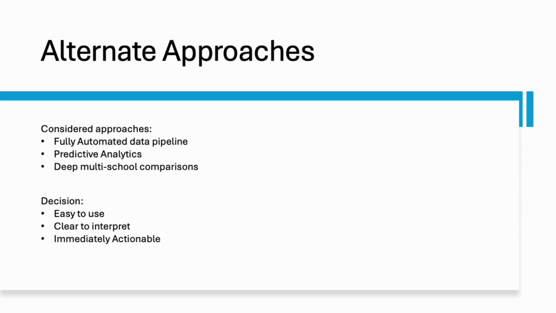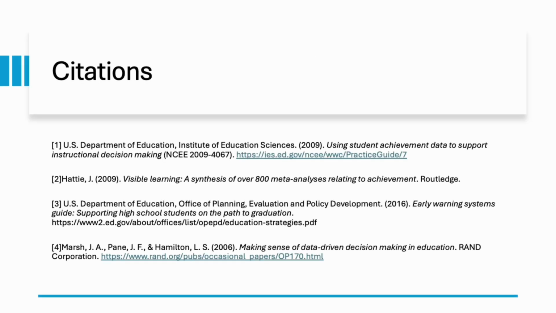However, I wanted to make this app easier to use and clearer to interpret. And this is going to allow us to make this immediately actionable. So I wanted to prioritize something simple, clear, and immediately actionable to deliver value quickly.